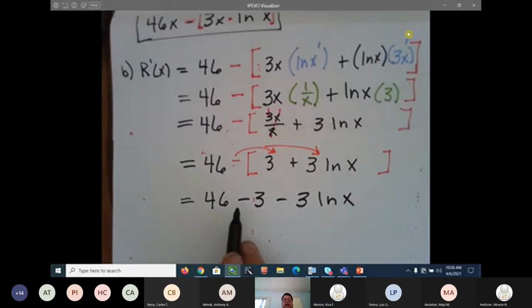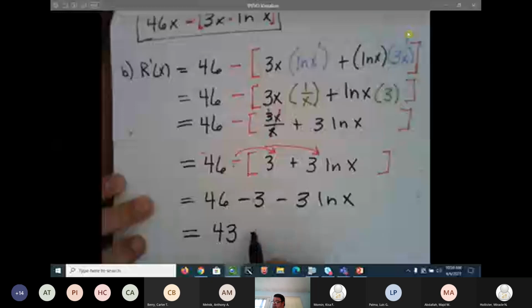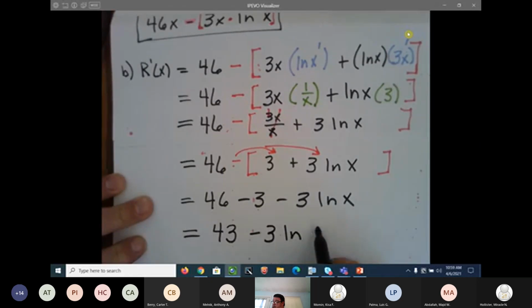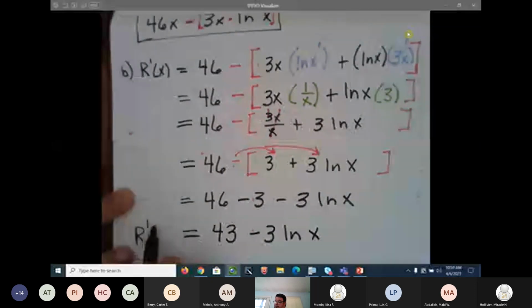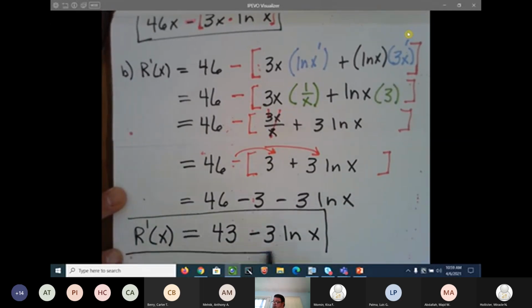And 46 minus 3 is not 49. I guarantee you somebody got 49. And that's R prime of x: 43 minus 3 natural log of x. Not 49 plus 3 natural log of x.